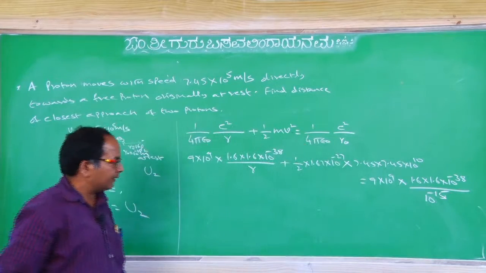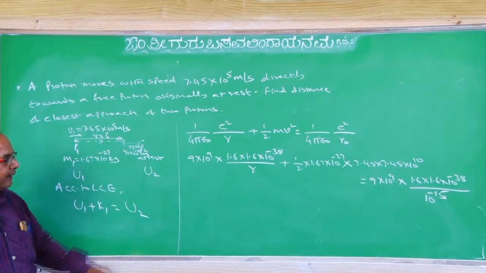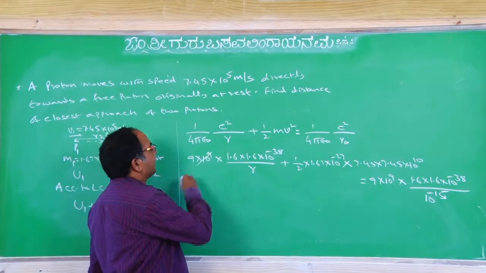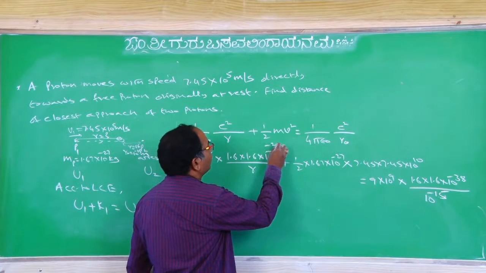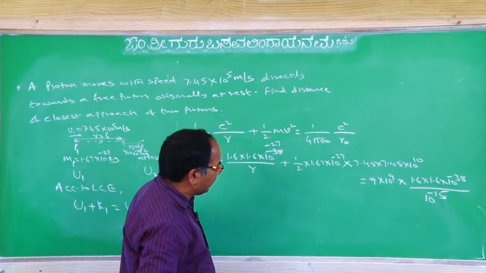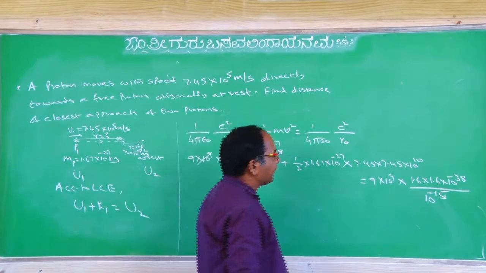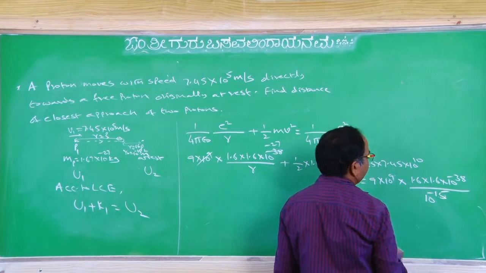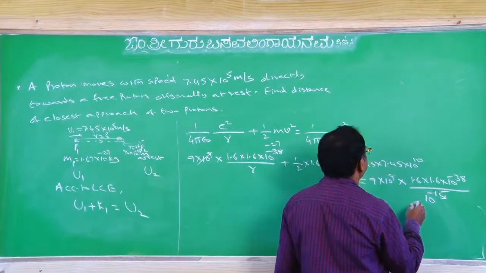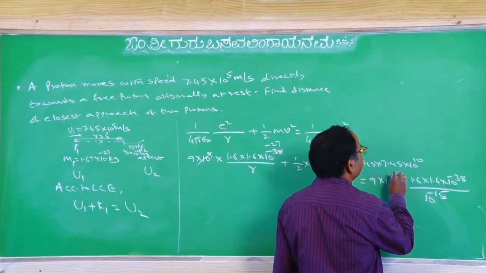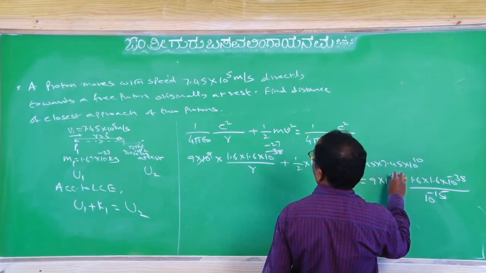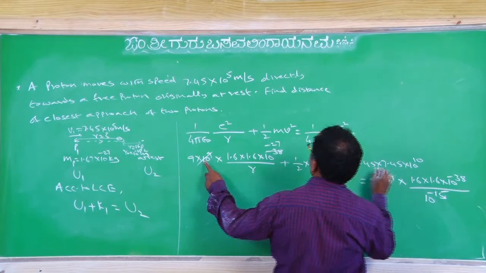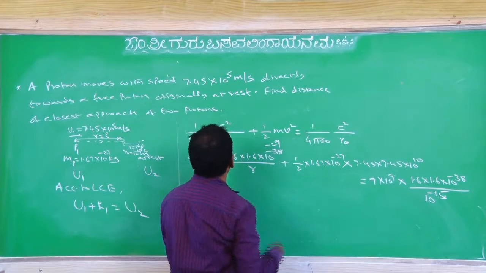So, minus 15. Now, by simplifying this one, try to calculate. Here minus 9 means this will become 27. And here 9, 15, 9, how much? 29.